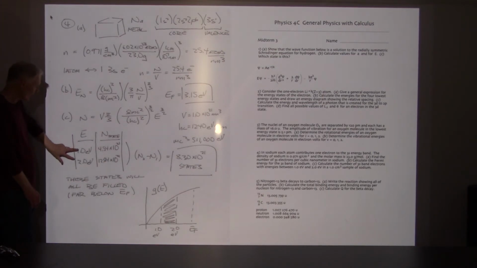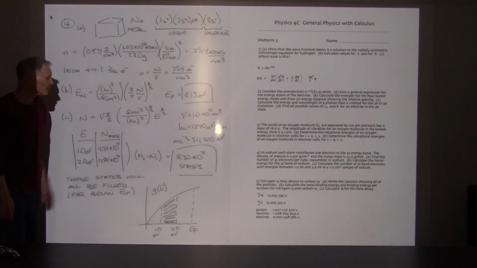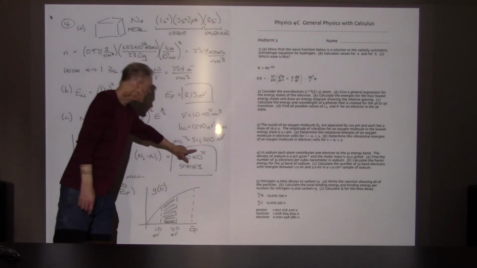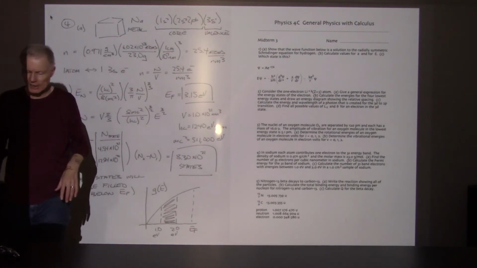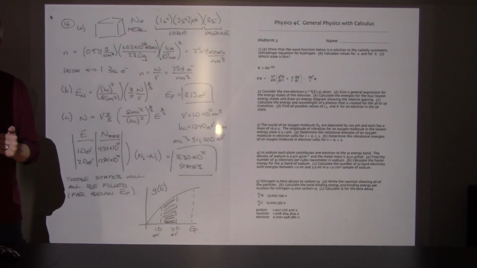Now they want to know how many states are between those two values. I can just take a difference. So it says 8.30 × 10^21 states. Now this is so far below the Fermi energy, these are all going to be filled, right?